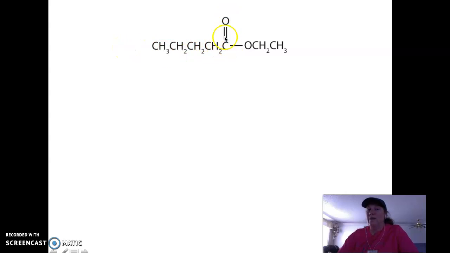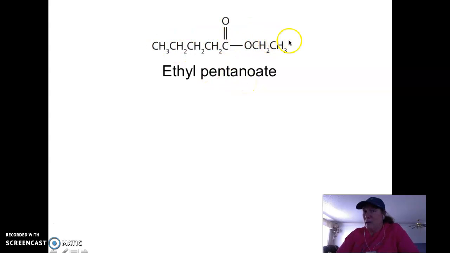It has to be the one that has the carbonyl group, and that's this one with the double bond O. So we got 1, 2, 3, 4, 5. So this side would be pentanoate. Okay, this side is a substituent group. It's ethyl. So it'd be ethyl pentanoate. Okay, and again, if this had the double bond O, it would be pentyl ethanoate.